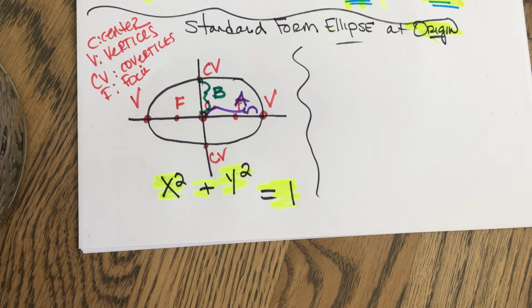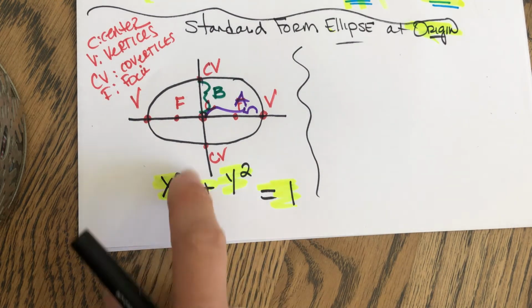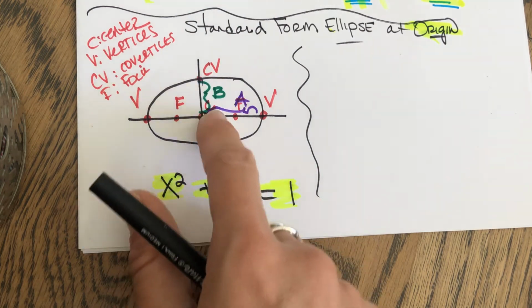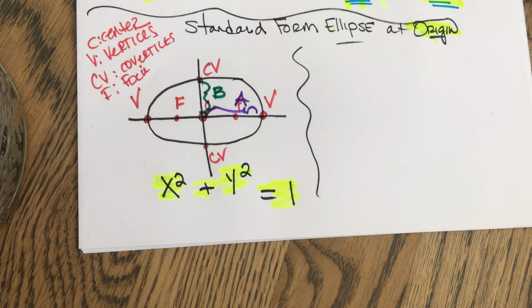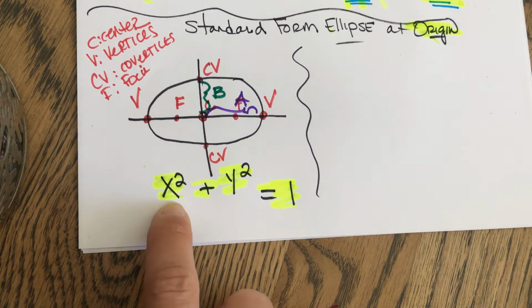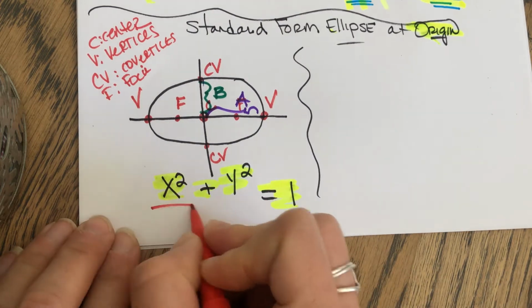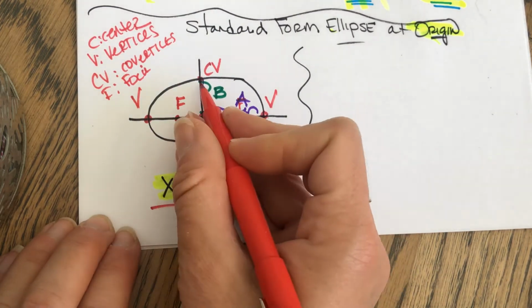Now, if you think about this, we have to have values under here because the distances are not the same like in a circle. So what's going to happen first is whoever is longer is going to go under the first value. So x squared, who's longer? Is it the A or the B?